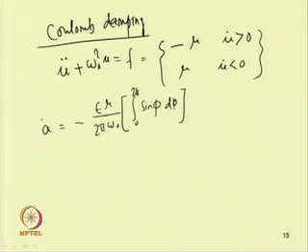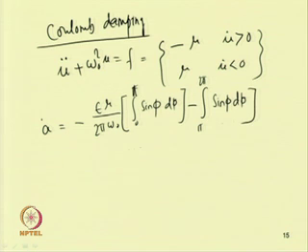This whole cycle 0 to 2 pi we can divide into two parts, one from 0 to pi, and then pi to 2 pi, with sin phi d phi. So, this integration comes to be 2 epsilon mu by pi omega 0.